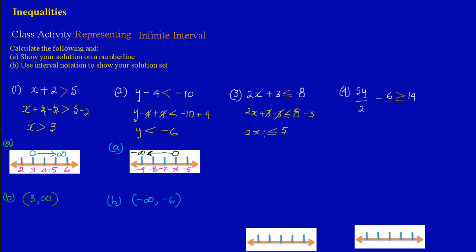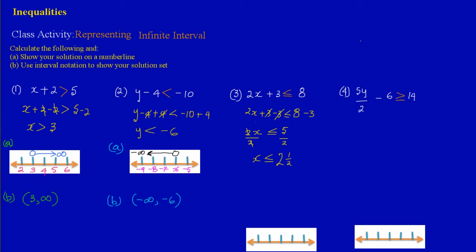So now I have 2x is less than or equal to 5, so I must divide through by 2. So I'm dividing both sides by 2. This 2 will cancel that 2. Hence, x is less than or equal to 5 divided by 2, which is 2 times, remainder 1 over 2. So in this case, x is less than or equal to 2.5.